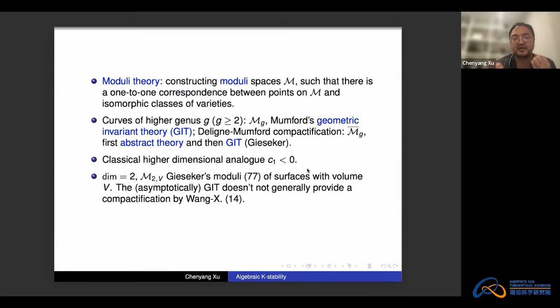In our case, the class of objects are varieties. So you can think about it as a map: I give you one variety, and I find the point on this map such that there is this one-to-one correspondence. In general, it is hopeless to do this for all varieties. You have to impose some assumptions to make this moduli space have reasonable properties.